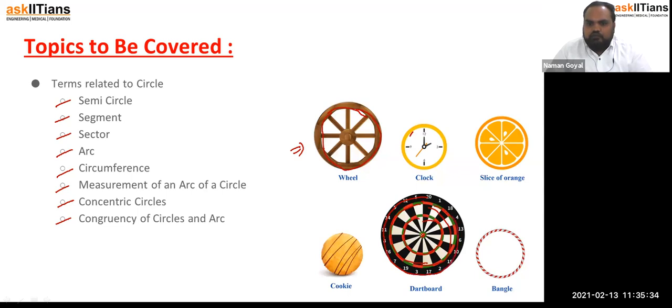And the center for all the circles is the same, so that type of circles is known as concentric circles. Bangles are also in the shape of a circle. So these terms we are going to cover in this lecture.